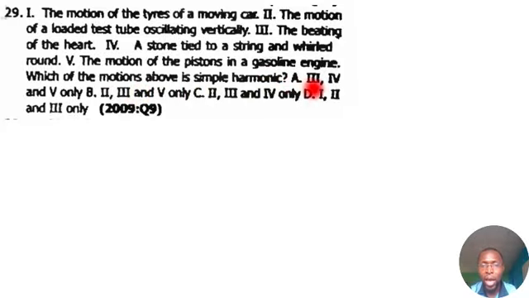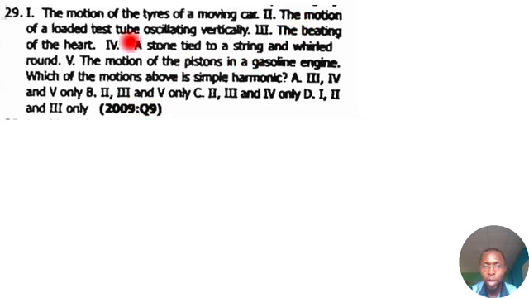So which of the following options? We have A, II, III and IV. IV is not correct, so A is wrong. Then B, we have II, III and V. Let's check.